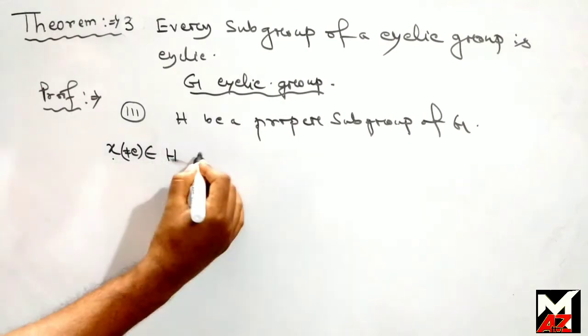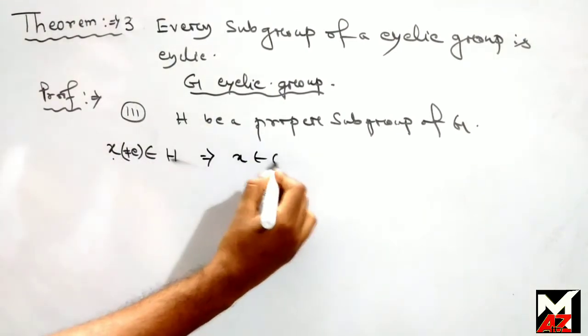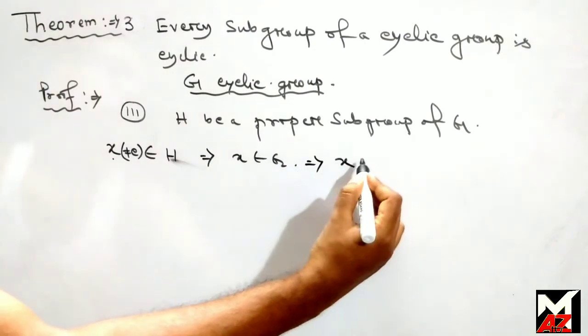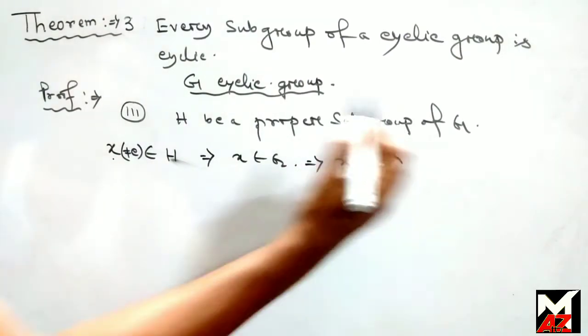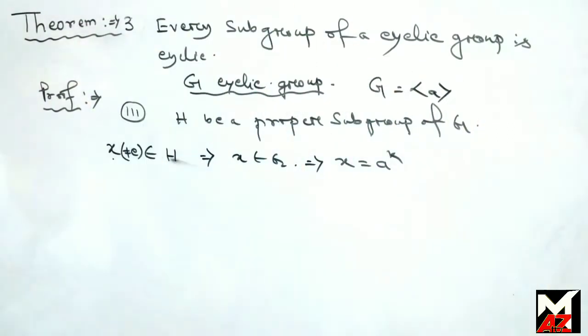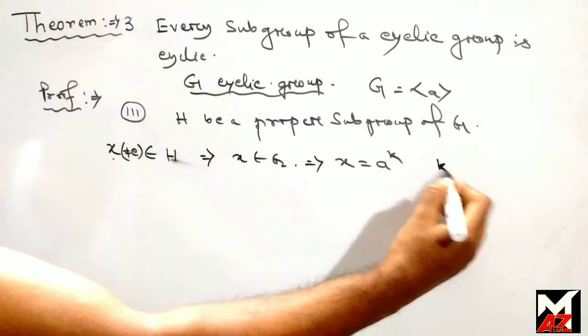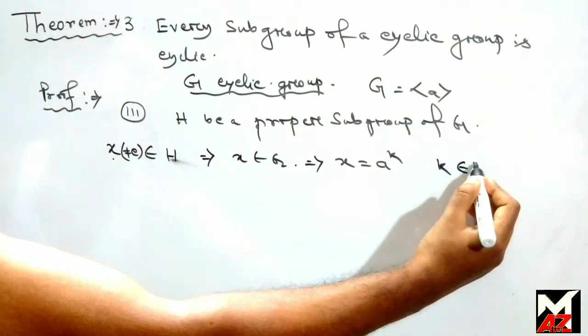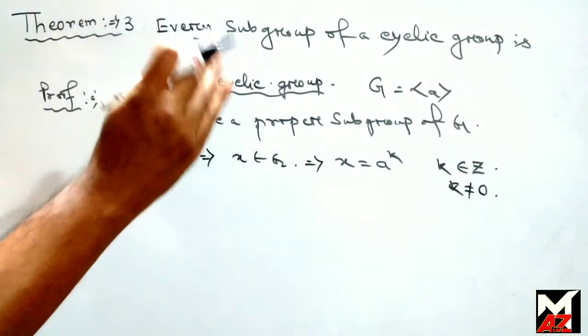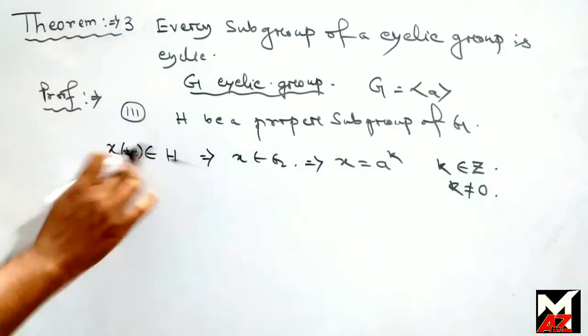Since x belongs to H, x belongs to G. So x is of the form a to the power k, if we take G as a cyclic group generated by a, where k is any integer but k is not equal to 0, because if k equals 0 then x is equal to e.